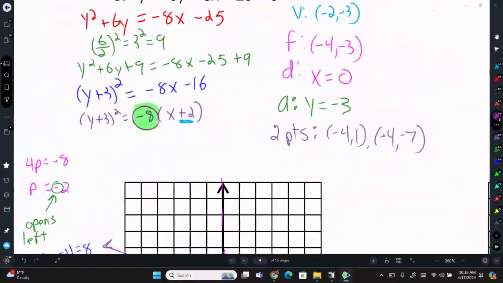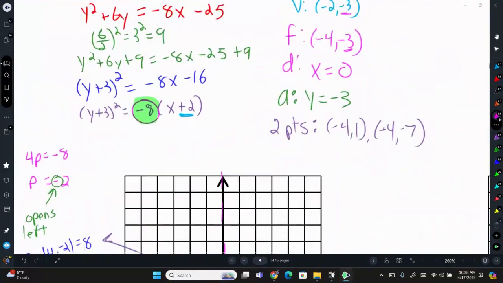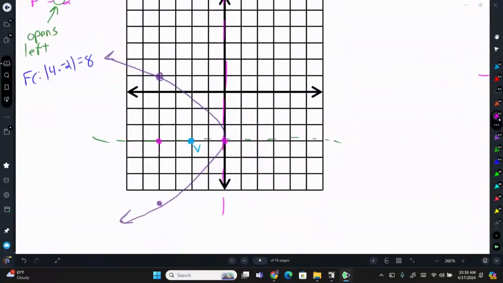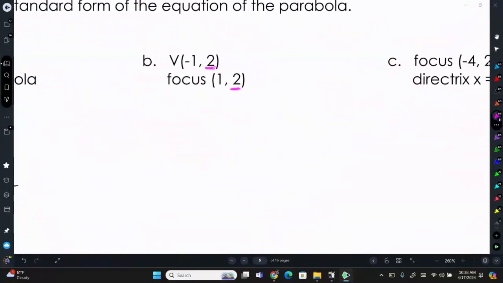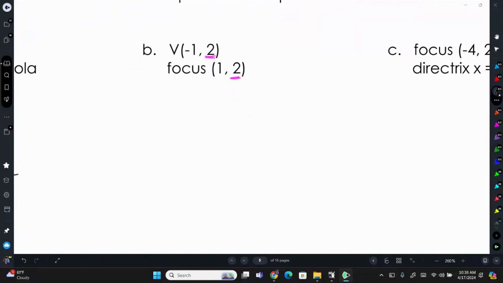Same thing over here. The y coordinates are the same here, so it opened to the left. So we know this opens left or right. When we draw a sketch of this, though, we'll be able to determine if it opens left or right.